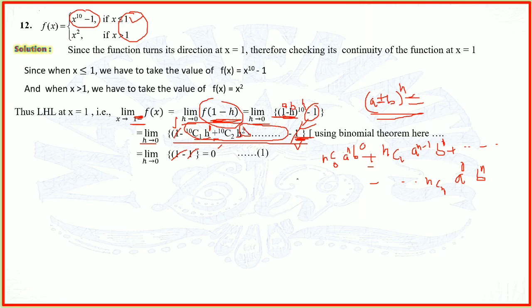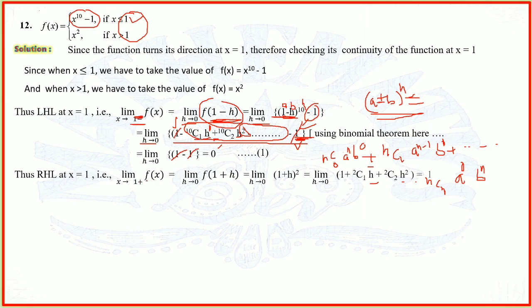Now we'll go towards the right hand limit. This is equation number 1. At x equal to 1, limit x tends to 1 plus f of x, limit h tends to 0. Similarly, here we had written 1 minus h, now we have 1 plus h. This time, instead of x raised to 10 minus 1, we have x square. So x means 1 plus h, and this is x square, that's why it is squared.